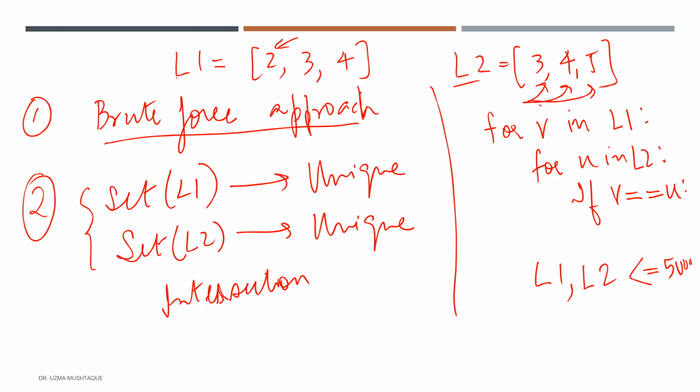In that situation, all I have to do is find the intersection of set L1, set L2, and see whether this intersection is greater than 1. Because if it is greater than 1, then we have found a match, and then we can return true. So this is another way of thinking about it. Similarly, we can think of more better approaches and improvise on this solution. Okay, what do we mean by improvising a solution?